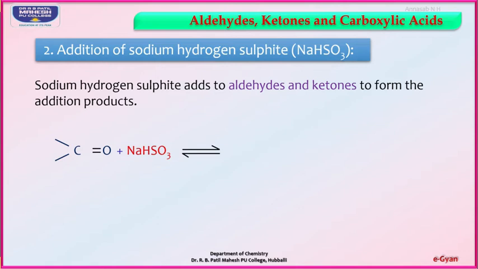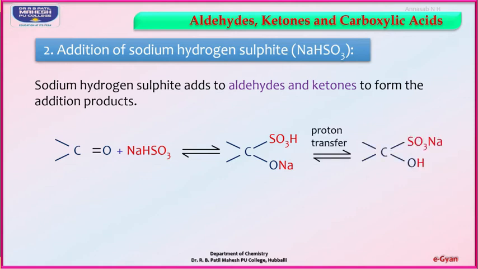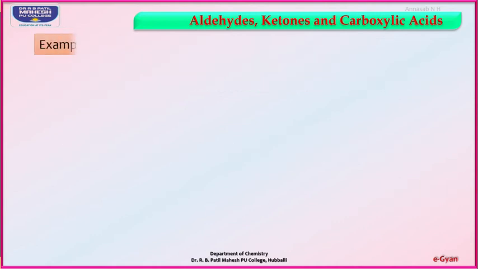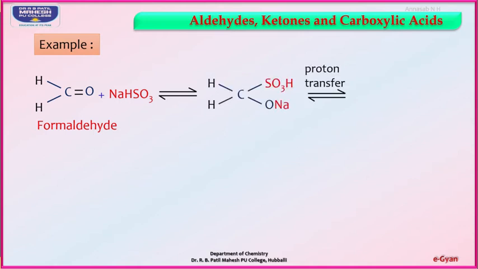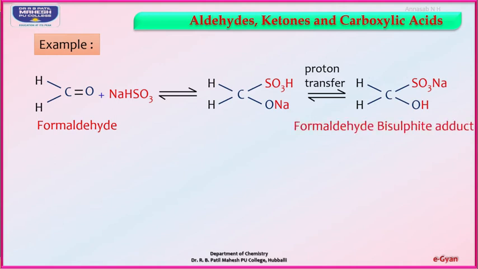It leads to the formation of an addition product. The interchange of proton, that is proton transfer, leads to the formation of bisulfite addition compound. Example, formaldehyde reacts with sodium hydrogen sulfite leading to an intermediate compound, which on proton transfer gives rise to formaldehyde bisulfite adduct.